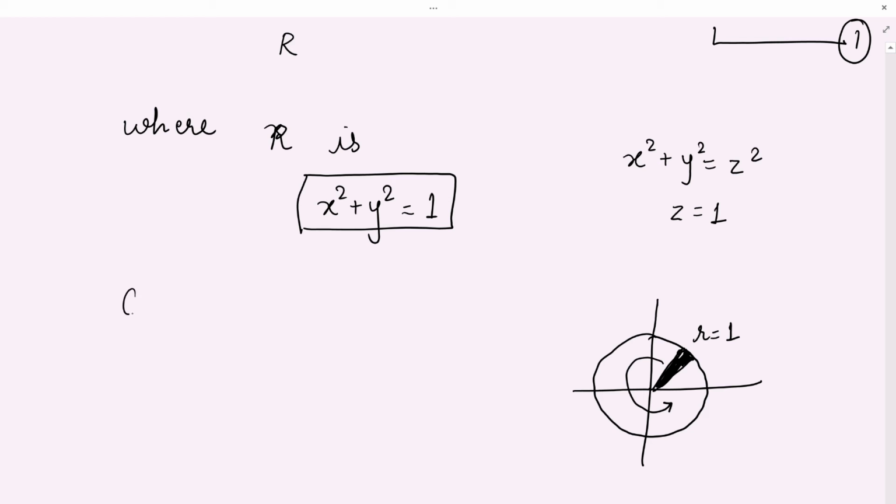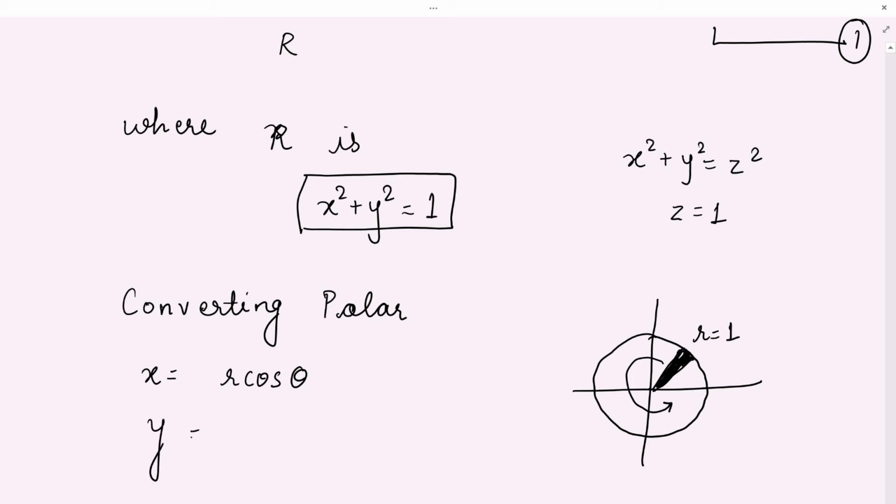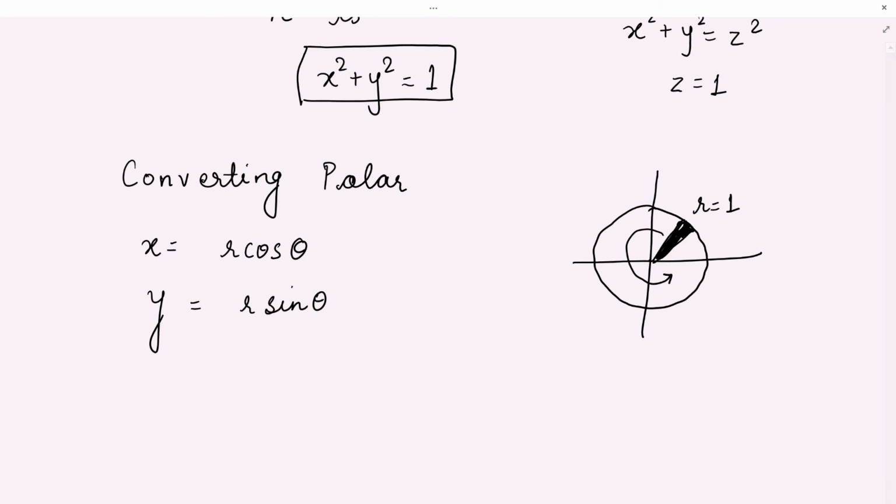Okay, so converting into polar coordinates, substitute x is equal to r cos theta, y is equal to r sin theta. So this will be r square is equal to 1. That means the circle is r is equal to 1.